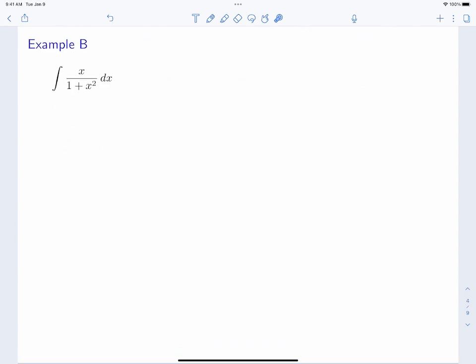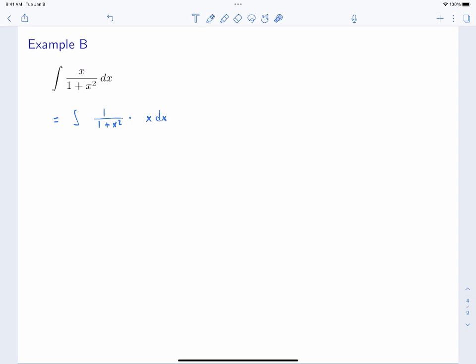Let's look at example B. For this example, we want to integrate x over 1 plus x squared with respect to x. So what I'm going to do is rewrite this just a little bit. I'm going to write this as the integral of 1 over 1 plus x squared times x dx.